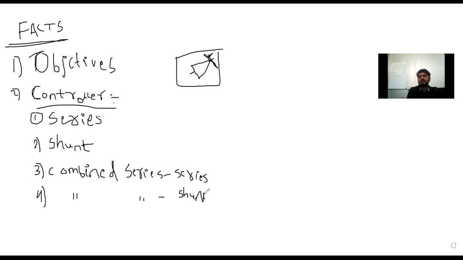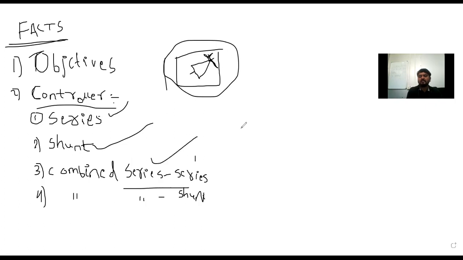Based on the connection of these FACTS controllers, if you are connecting in series with the transmission line, that is called series. If we are connecting in shunt, that is called shunt. If we are connecting two controllers, both series for two lines, that is called combined series controllers. For one line series, another line shunt, that is called combined series and shunt controllers.